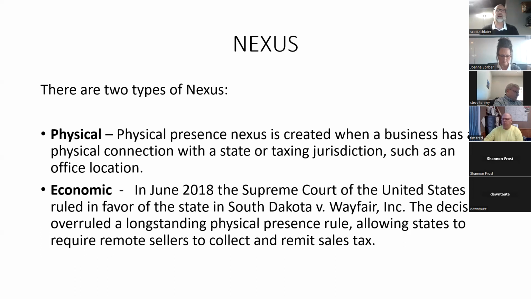Iowa's is $100,000 of gross receipts. Some states have an economic nexus threshold of, New York, for instance, $500,000 in tangible personal property. Some states have a transaction count, so they may not meet the economic threshold, but they meet the transaction threshold.